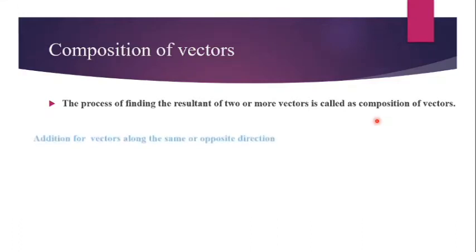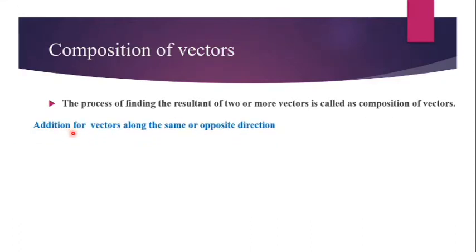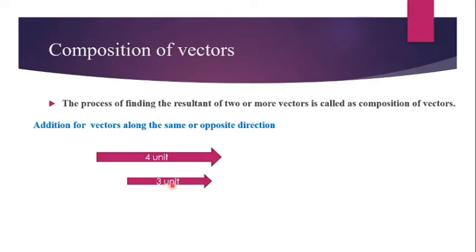We can see the addition of vectors along the same or opposite directions. Consider one vector having a magnitude of 4 units, and another vector having a magnitude of 3 units. Their directions are the same.